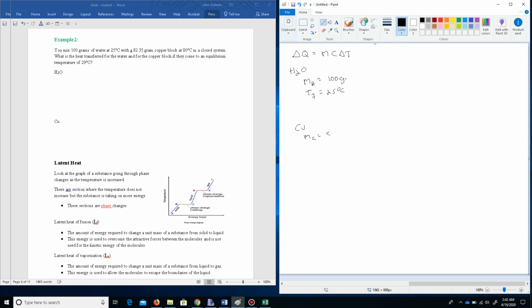Copper will be 82.35 grams, and it's going to start at a temperature of 8 degrees Celsius.